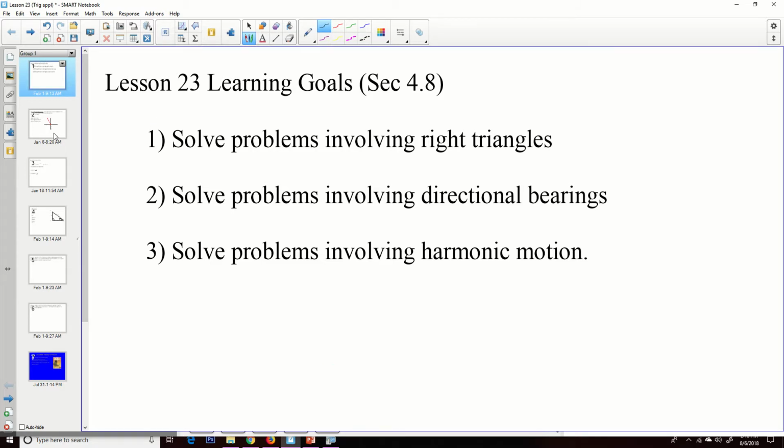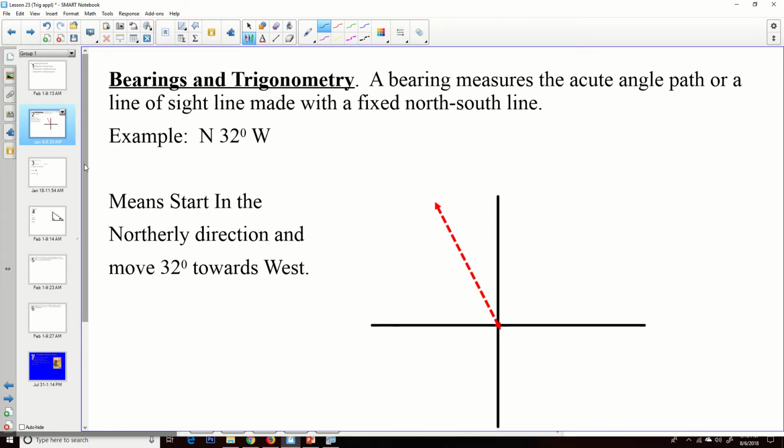So the first definition I want to talk about is bearings in trigonometry. Bearings measure an acute angle, path, or line of sight line made with a fixed north-south line. So if I see, as an example, someone saying north 32 degrees west, what that literally means is if I look at a north-south line here, I'm going to start at this north line and make an acute angle towards the westerly value.